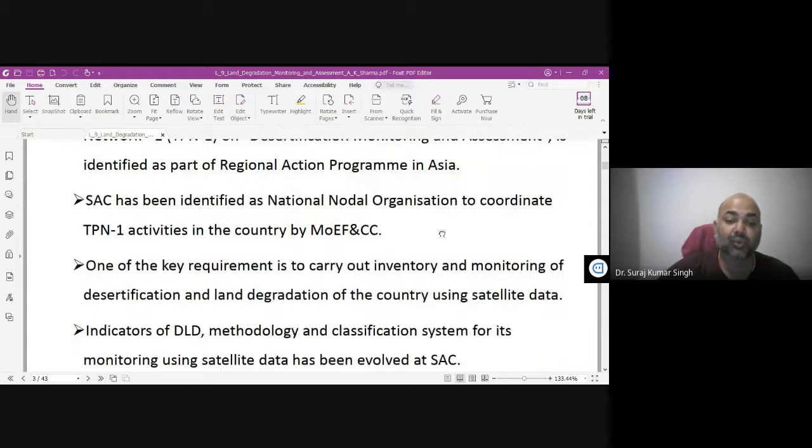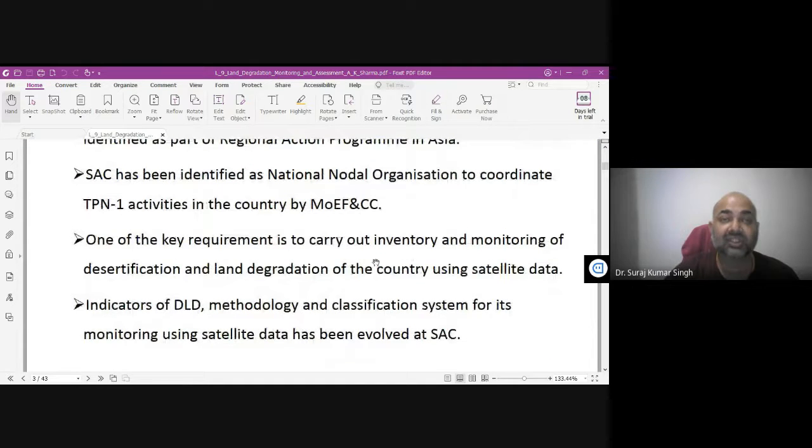Okay, so one of the key requirements of this desertification work is the inventory and monitoring of desertification and land degradation of the country using satellite data. As I already stated, the geographical area is very large, and physically going to each and every place and mapping the area is not possible. Creating an inventory is just like making a directory.